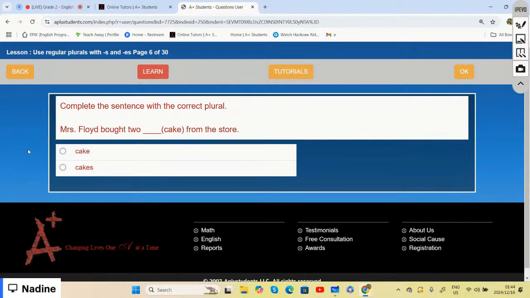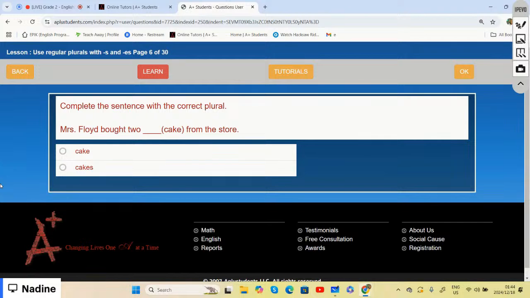Well done. Mrs. Floyd bought two cake from the store, option one, or two cakes, option two, from the store. So Mrs. Floyd bought two cakes or two cake from the store.